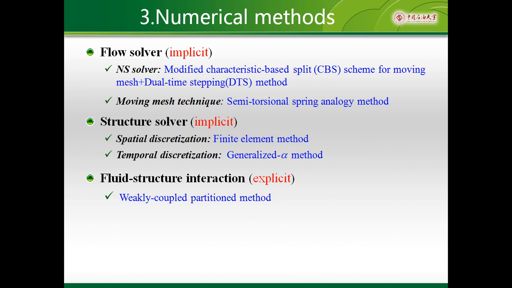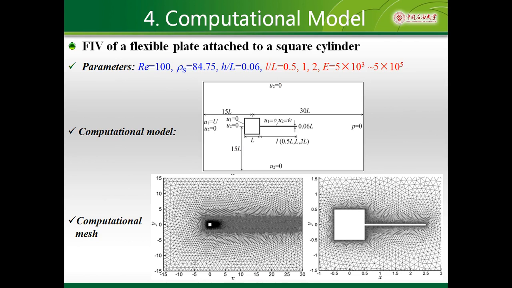Finally, the flow and the structure solvers are coupled by the weakly coupled partitioned method. Using the numerical method proposed, flow-induced vibration of a flexible plate attached to a square cylinder is studied.